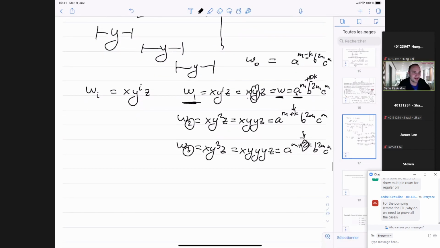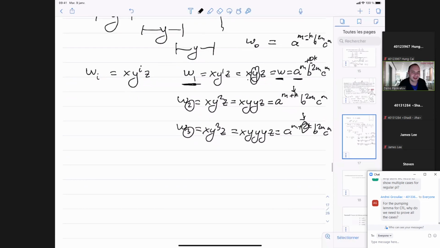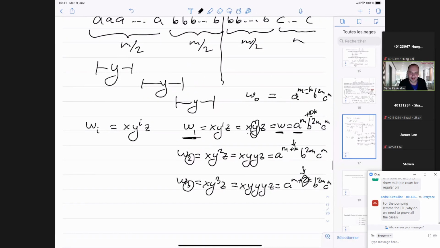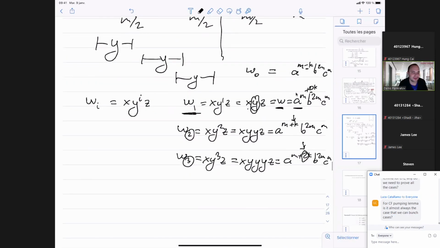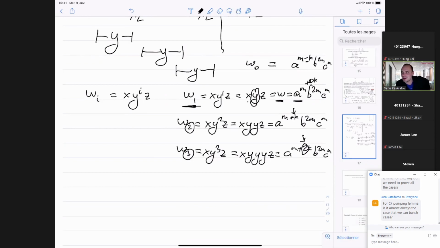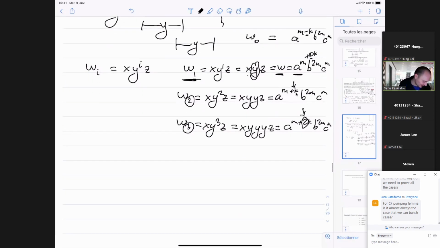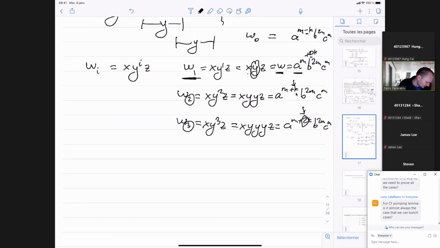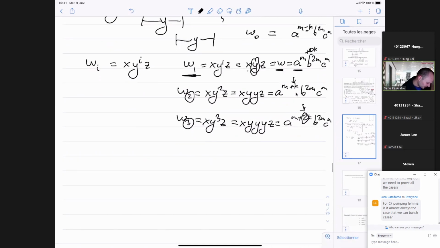For the pumping lemma, why do we need to prove all the cases? Well, because if you don't prove all the cases, then your language might be regular. And the reason is that essentially, remember how it works.